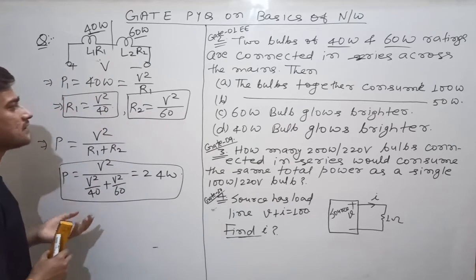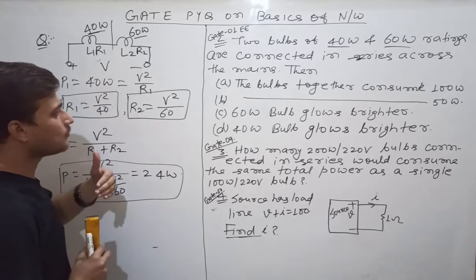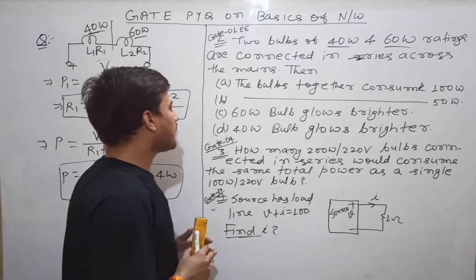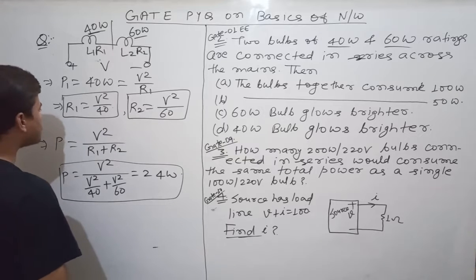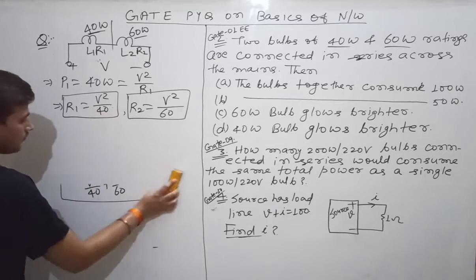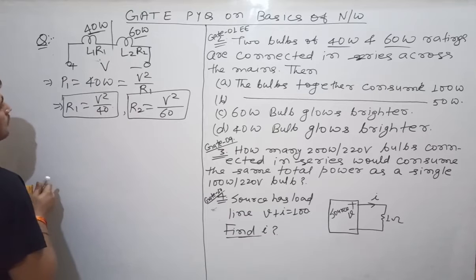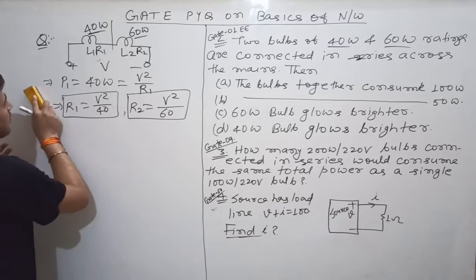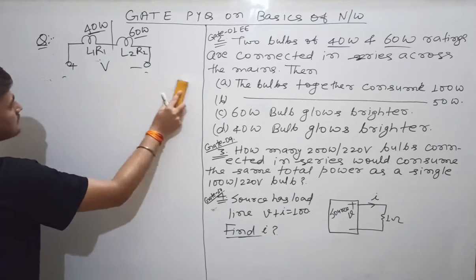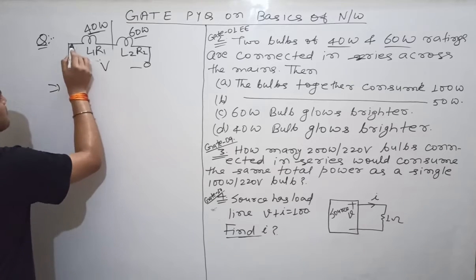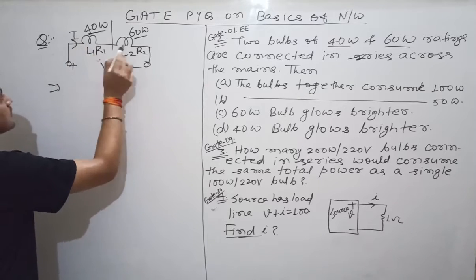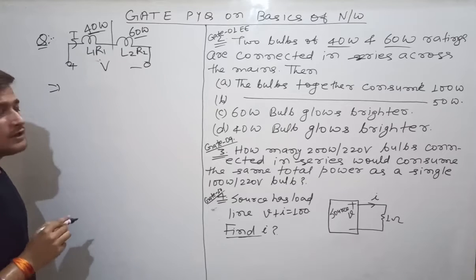They are saying the 60 watt bulb glows brighter. Second, they are saying the 40 watt bulb glows brighter. So let us see how to check this one. When the bulbs are connected in series, a current I will flow through these two bulbs.